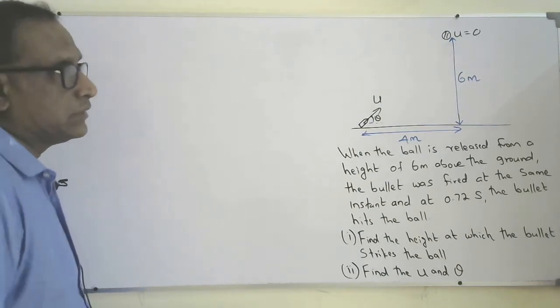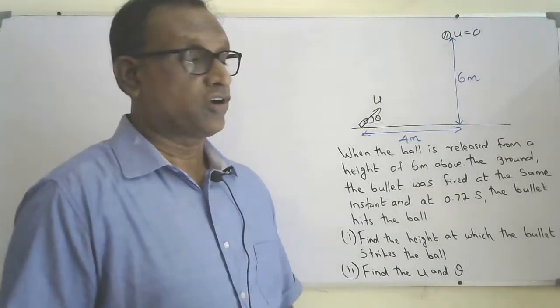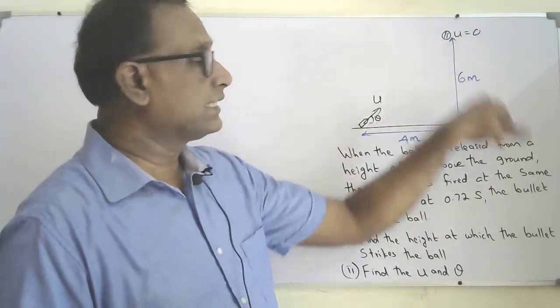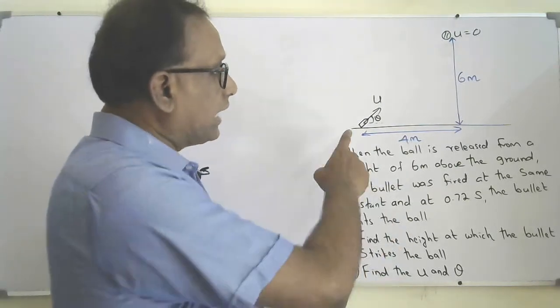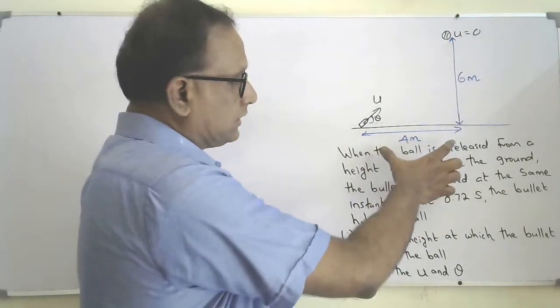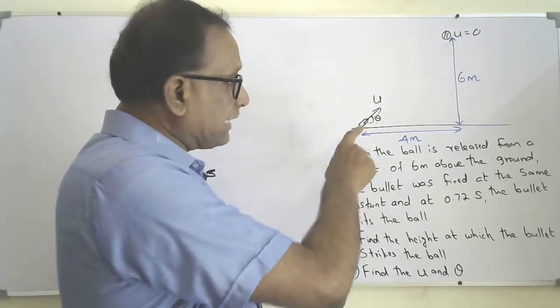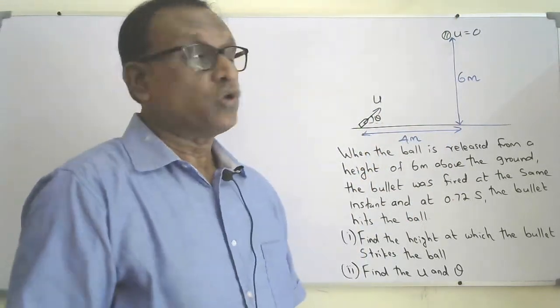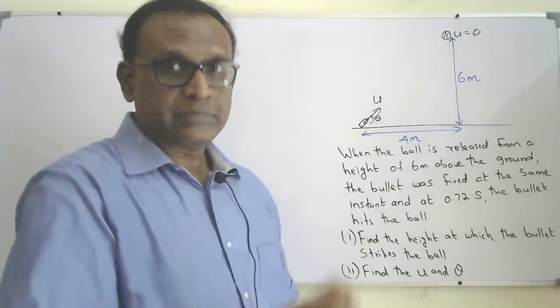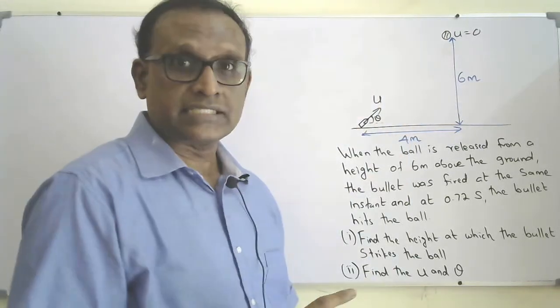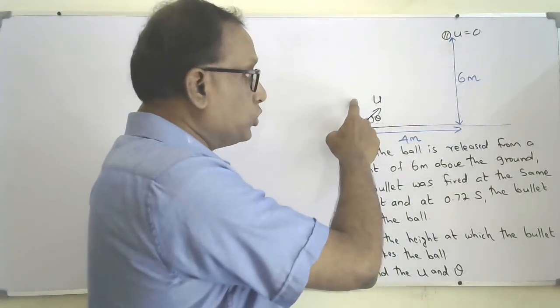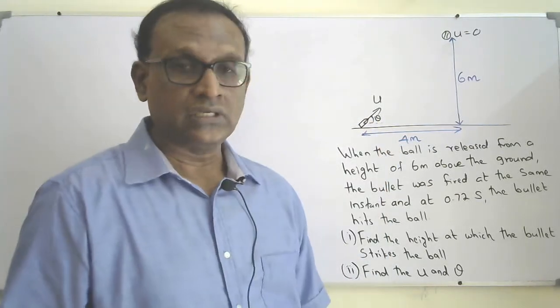Okay, next question. A ball is just released from rest from a height of 6 meters above the ground. A gun is kept at a horizontal distance of 4 meters from the line of motion of the ball, at an angle theta. When the ball is released, at the same time the gun fires a bullet at a velocity of u at an angle theta to the ground.